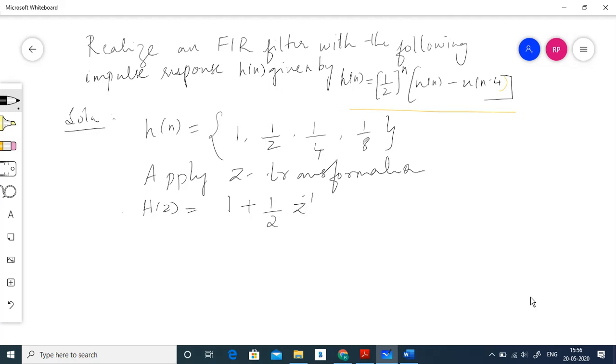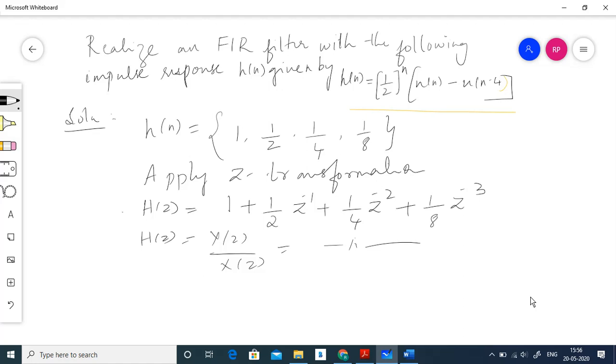This is the third term, so you will get 1 by 4 z power minus 2, plus this is the fourth term, so 1 by 8 z power minus 3. So in general we know that h of z is equal to y of z by x of z, so that is equal to the same expression.